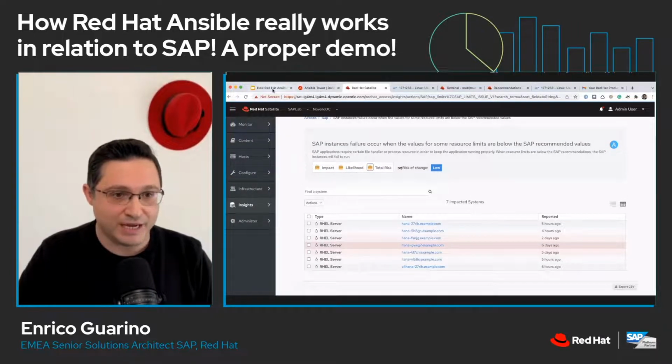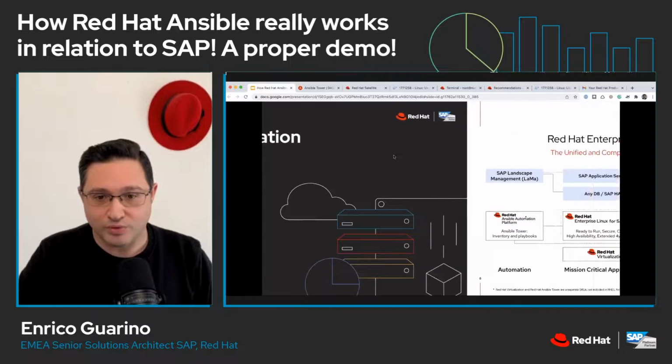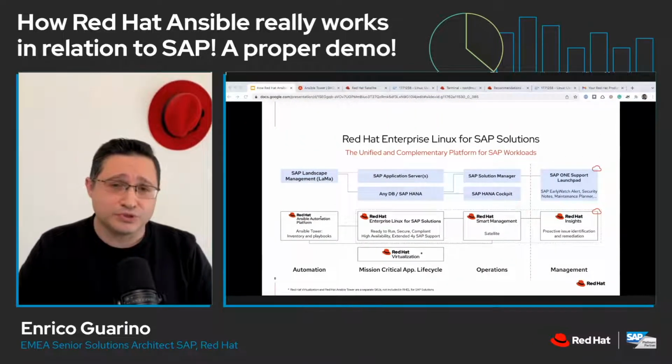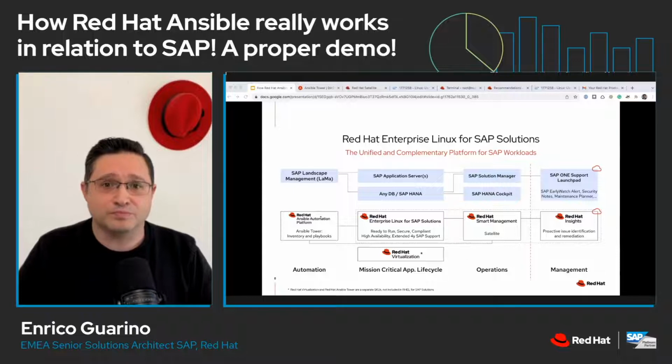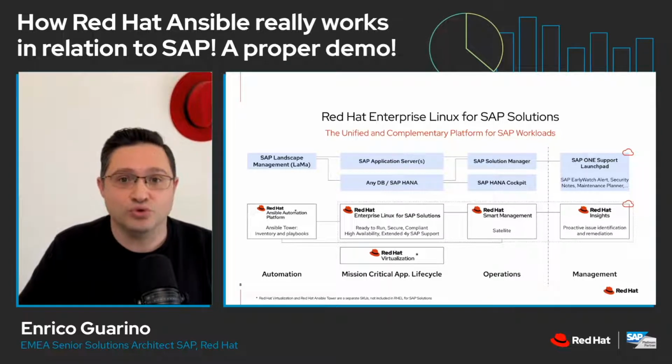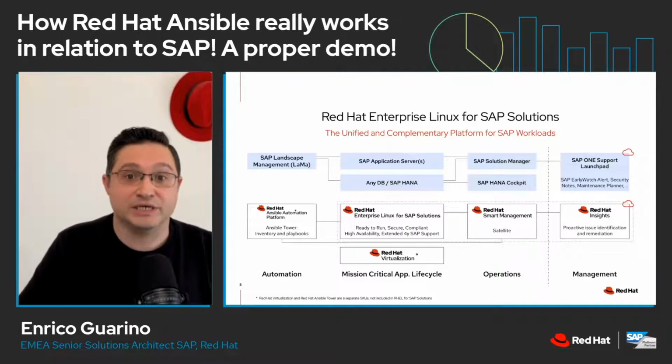So let's go back to our slide. To recap, as you have seen, we provide the unified and complementary platform for SAP workload, starting from the right, Red Hat Insights, which is a single consistent tool for analyzing Red Hat Enterprise Linux, running across both hybrid cloud and on-premise infrastructure.